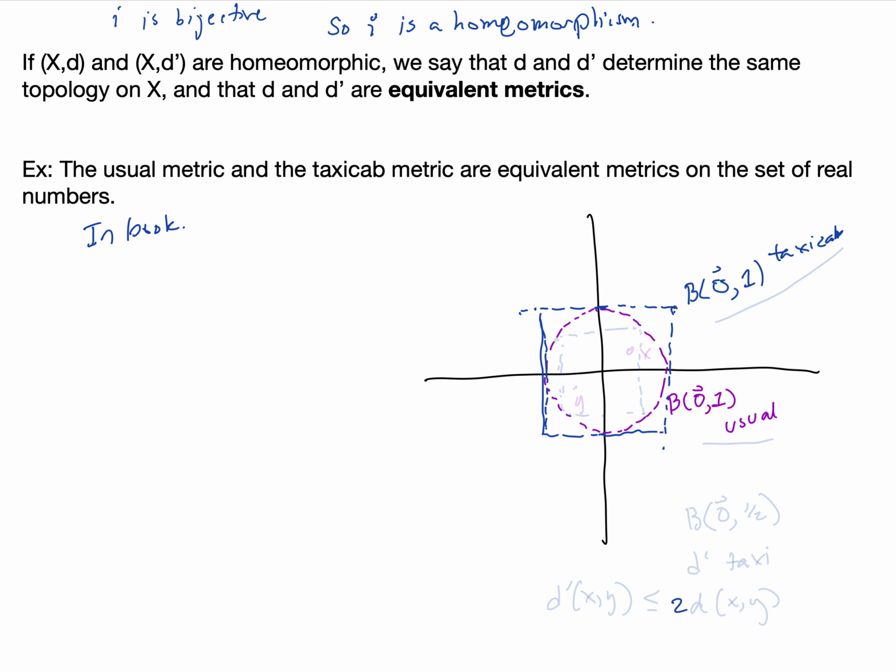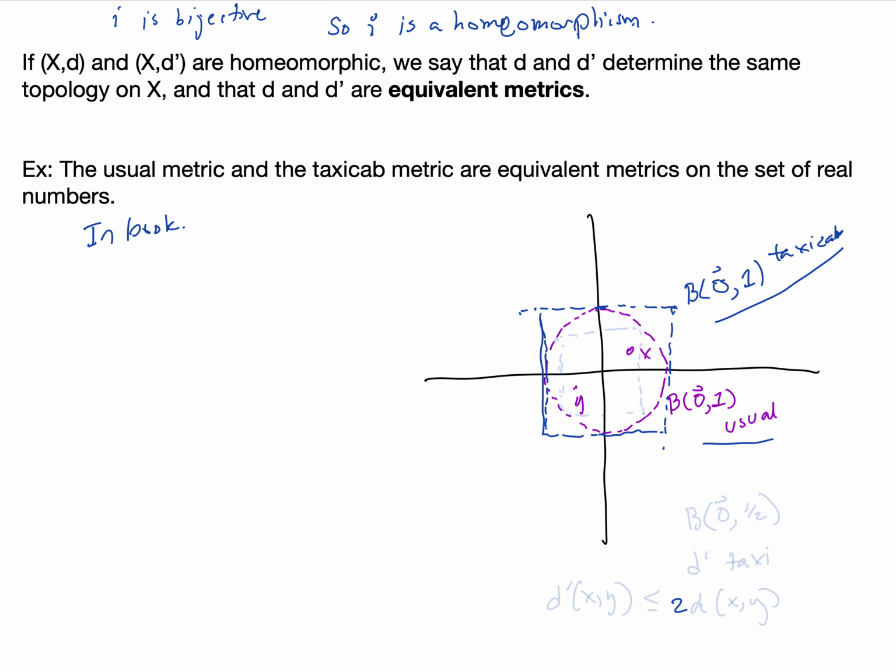If we think about open balls in the taxicab metric, this is for R squared, and open balls in the usual metric, we see first of all that the ball in the taxicab metric contains the ball in the usual metric. If two points x and y are of distance less than 1 from each other in the usual metric, then they are also of distance less than 1 in the taxicab metric.